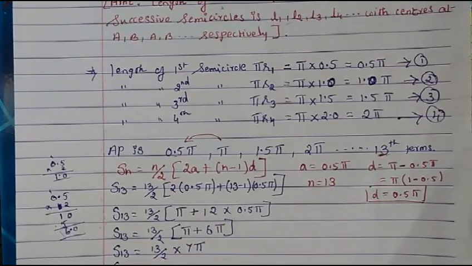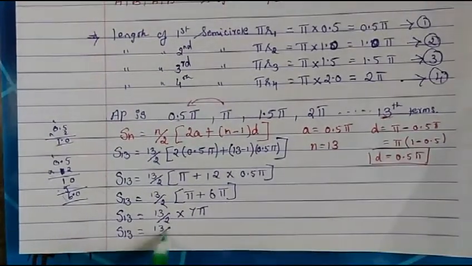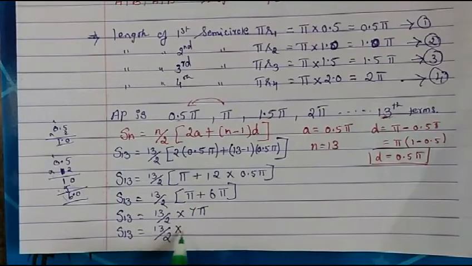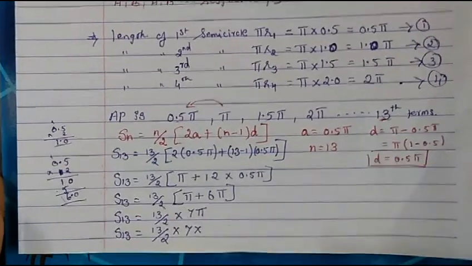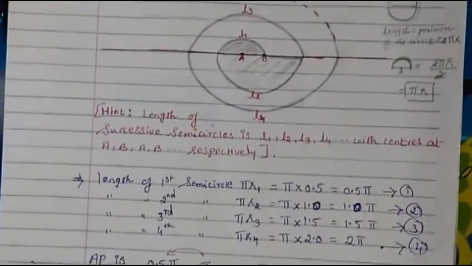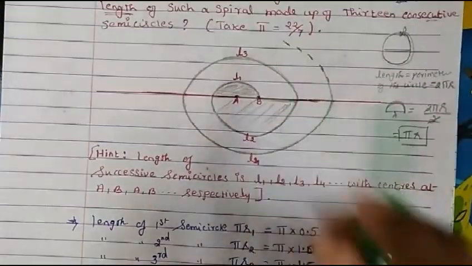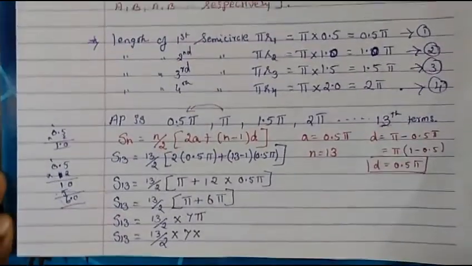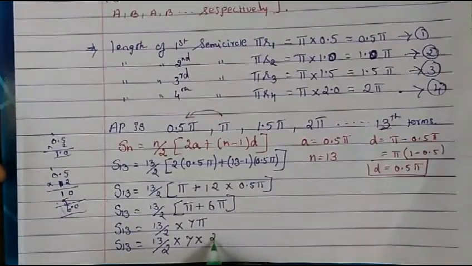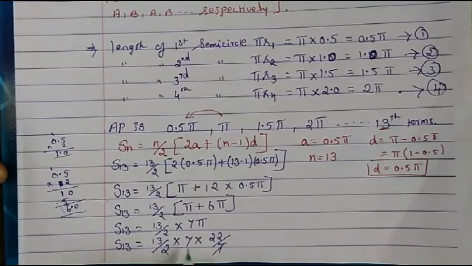So now S13 equals 13 upon 2 into 7 into pi. The pi value is given to us in the question, that is 22 upon 7. So 7 gets cancelled. With the 2 when you divide, you'll get 11.